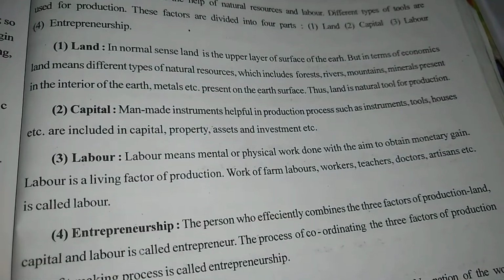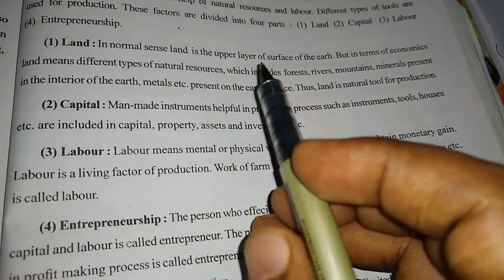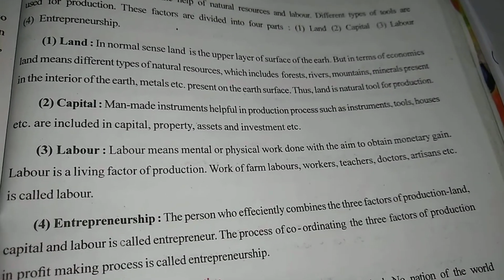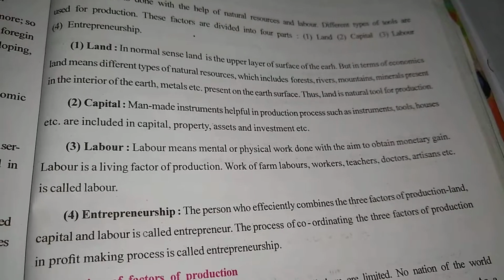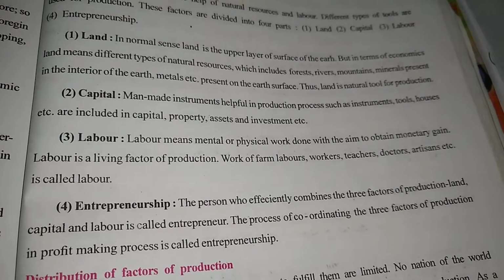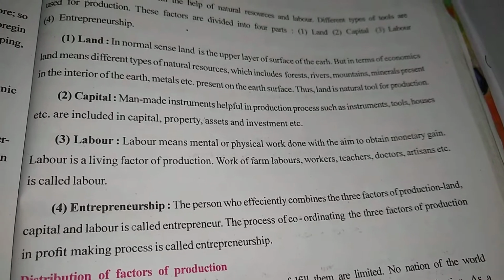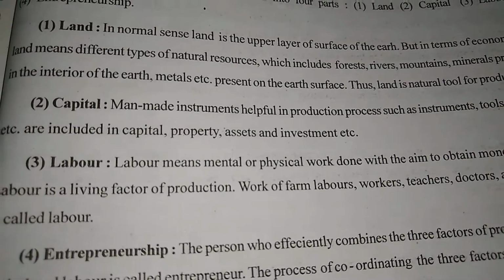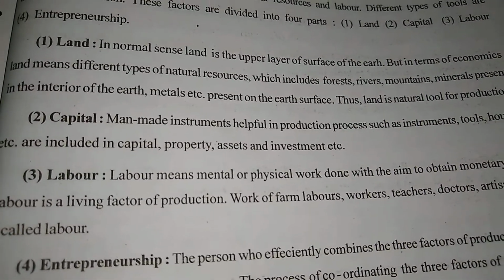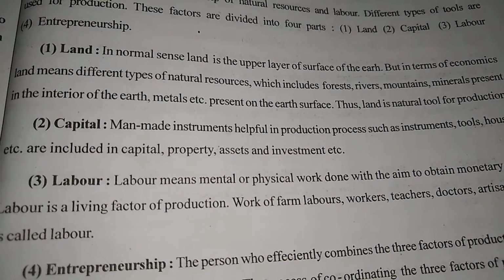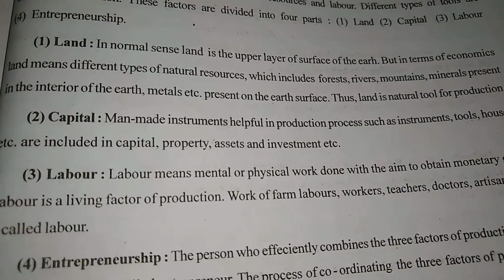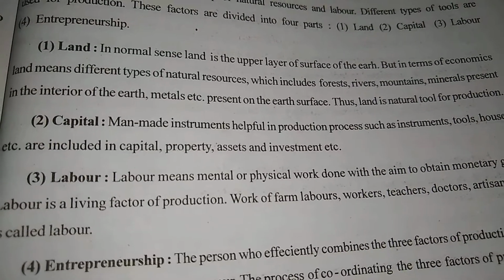In the normal sense, land is the upper layer of the surface of the earth. We learn this in chapter 8, in 9th standard also. Fine, that's correct, but that's the normal meaning. In terms of economics, the meaning is different.